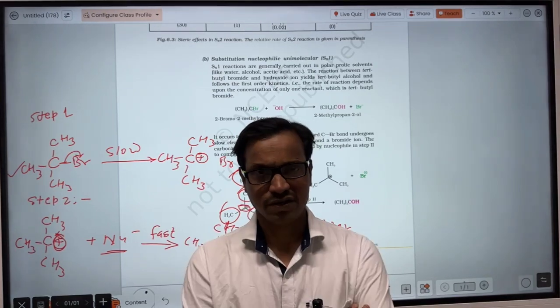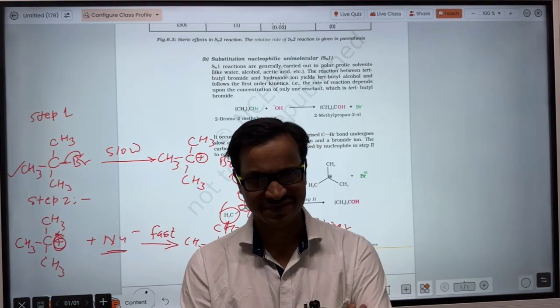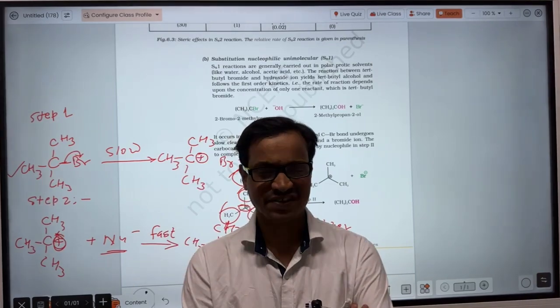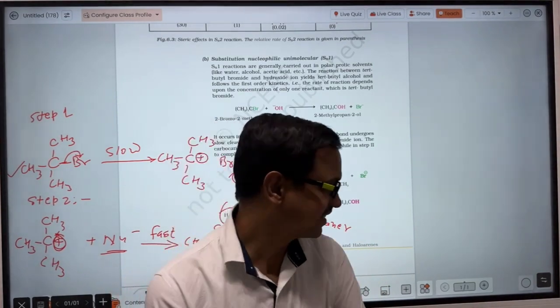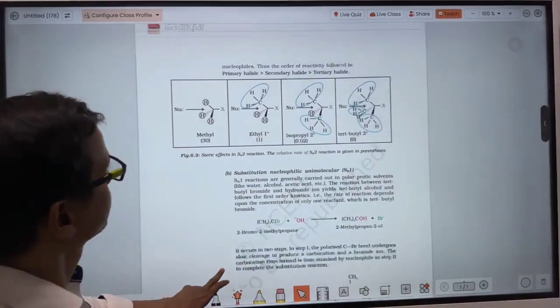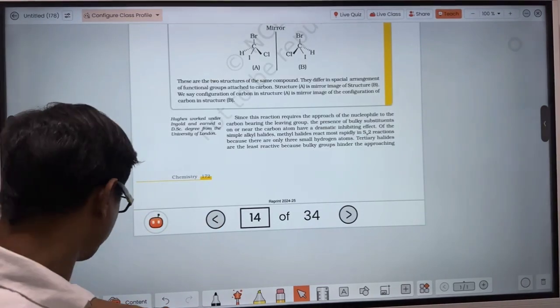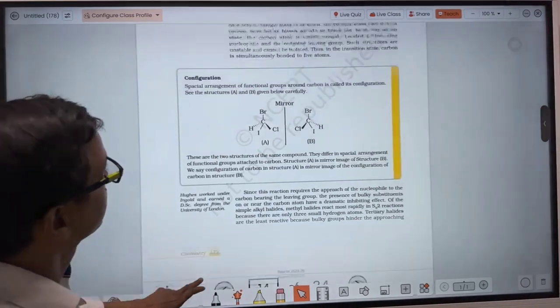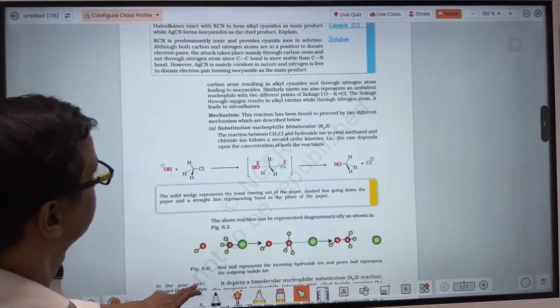While when the reaction takes place through the SN2 mechanism, there will be only inversion of configuration. Okay guys, that is here. Now let's see here. That was about this. Now about the stereochemical aspect, we will discuss once more.